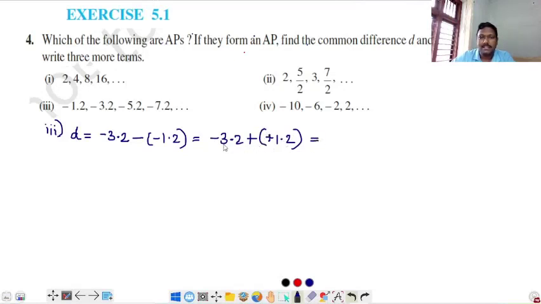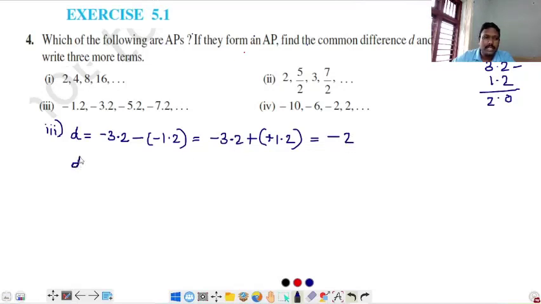So what will be the answer? See, 1.2 and 3.2. Here this is negative and this is positive, so you have to take the difference. What is 3.2 minus 1.2? Difference will be how much? 2 minus 2 will be 0, 3 minus 1 will be 2. So the difference is 2, and the bigger number's sign is minus. So the answer is minus 2.